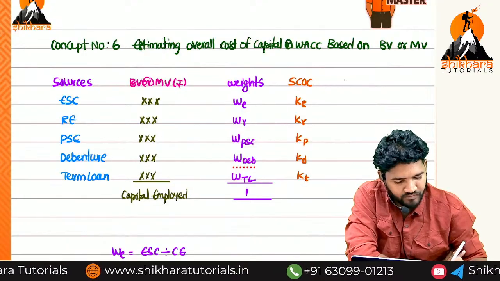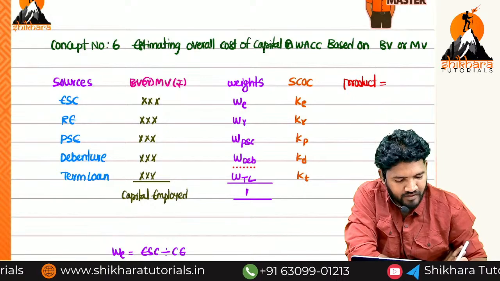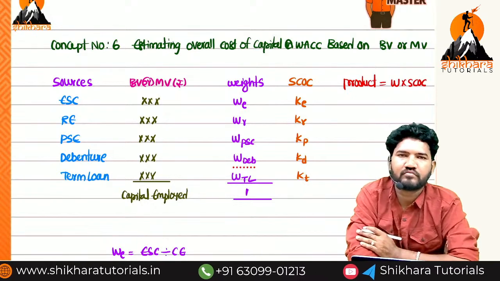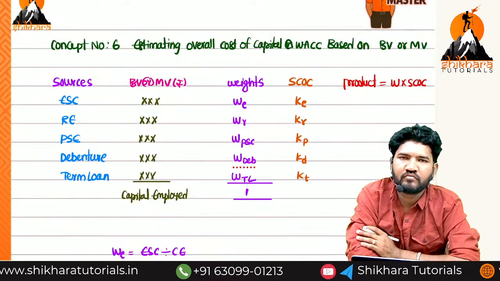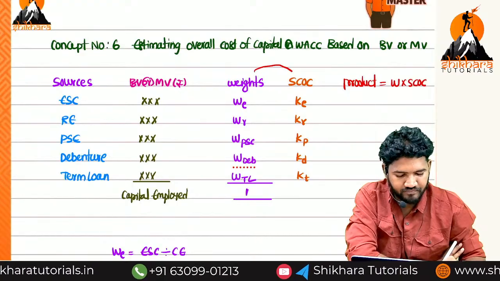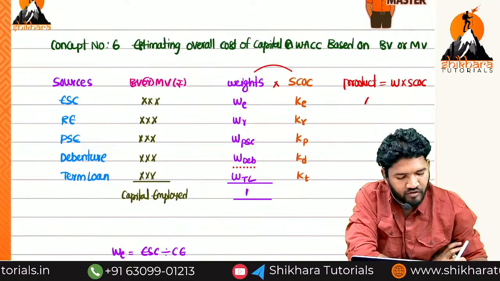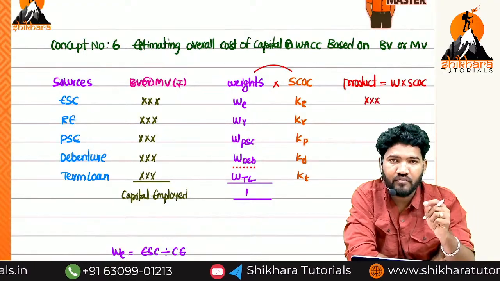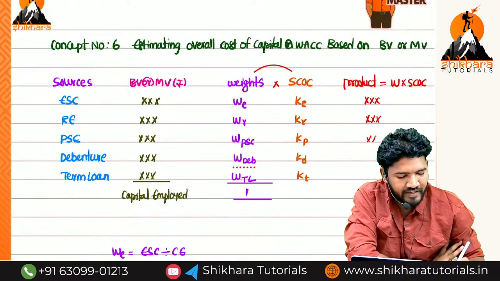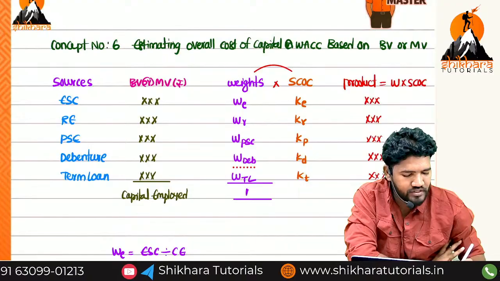Now the next one, product. That is nothing but weights into specific cost of capital. These two values multiplied. Are you clear? You will get weighted cost of equity, weighted cost of retained earnings, weighted cost of preference, weighted cost of debenture, weighted cost of term loan.